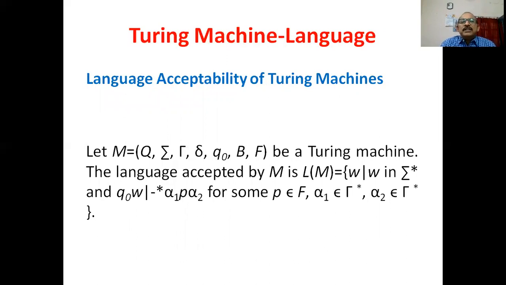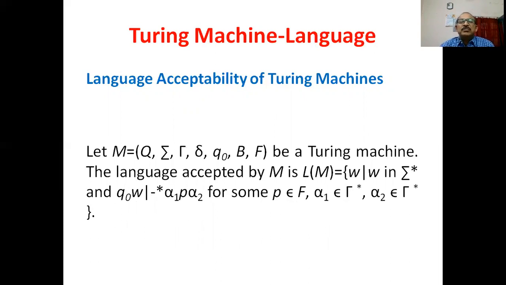Next point, language acceptability of the Turing machine. The language accepted by a Turing machine is the set of all words W such that W is a member of sigma star, and the machine starts from initial configuration Q0 W and, with zero or more moves, goes to a configuration alpha 1 P alpha 2, where P is a member of F, and alpha 1 and alpha 2 are members of gamma star.